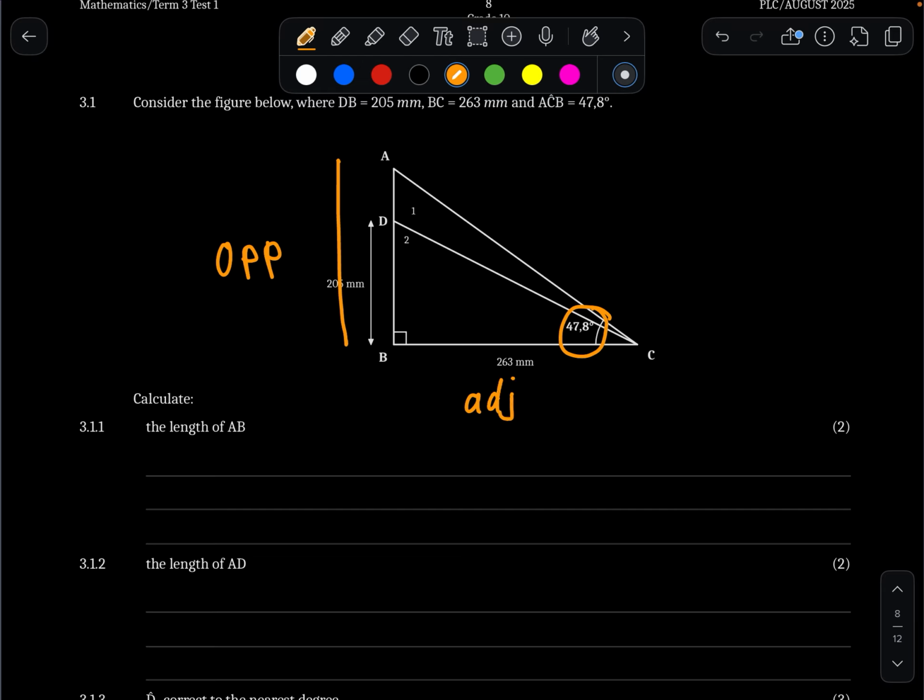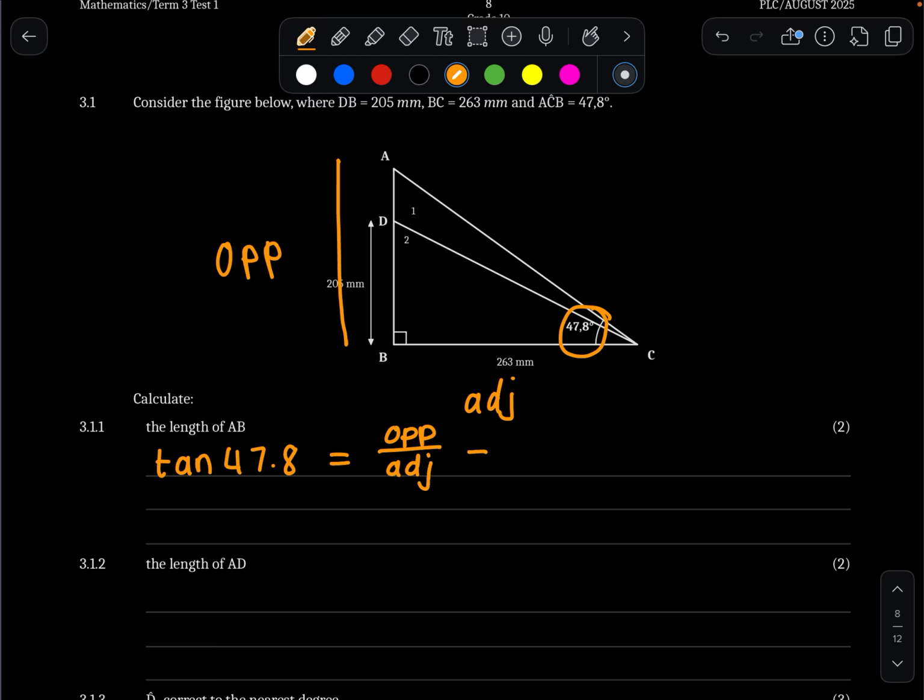So we can use tan for this one. So what we can say is tan 47.8 is equal to the opposite over the adjacent. Okay, because that's the definition of tan.